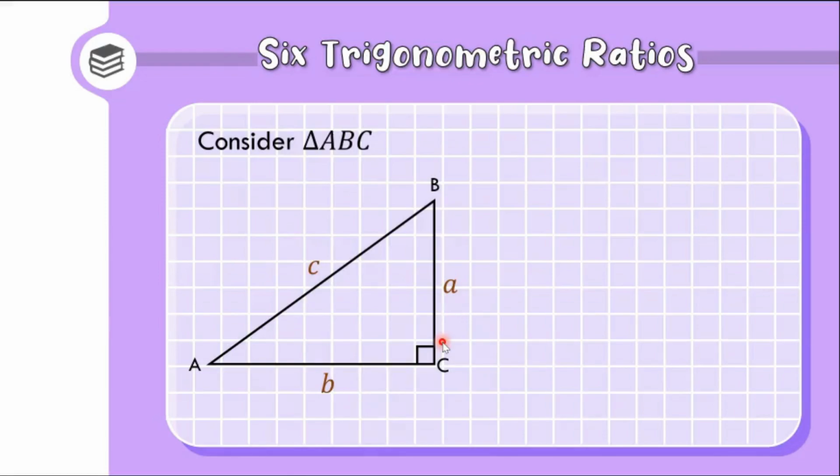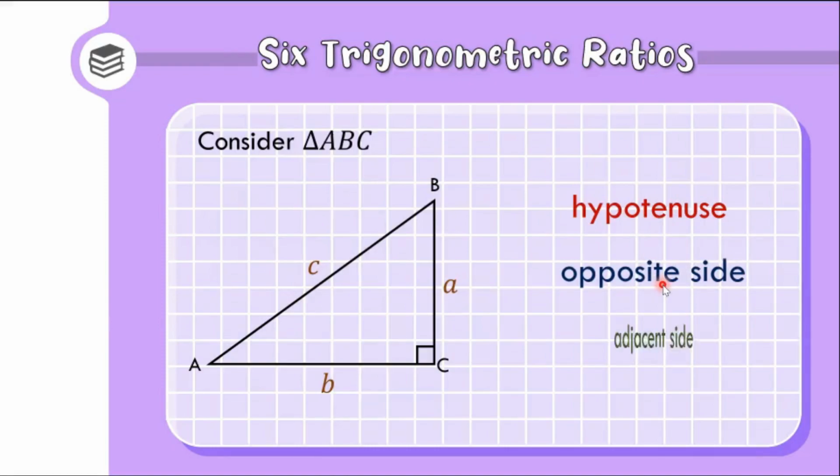And remember, if we get the trigonometric ratios of the given right triangle, we must know where is the hypotenuse, where is the opposite side, and where is the adjacent side with respect to the given angles.